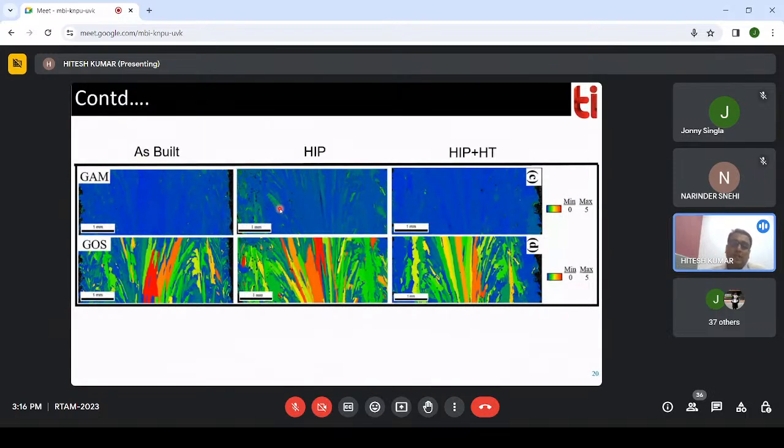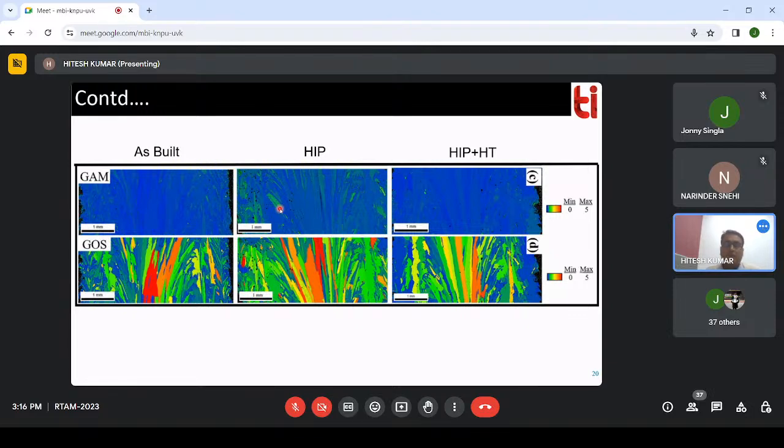Grain average misorientation on all these same samples is basically first calculating the misorientation in one grain, then taking the average of that and comparing it with each pixel of your grain.